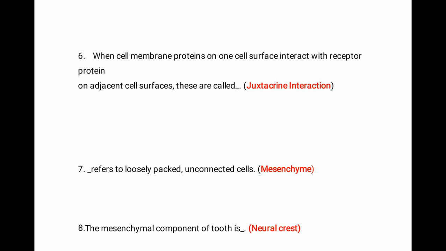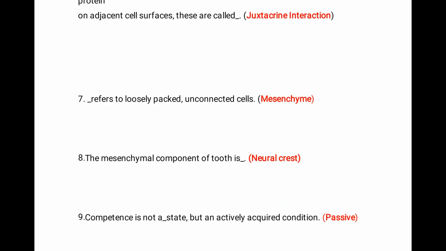When a cell's protein on the cell surface interacts with the receptor protein on an adjacent cell surface, this is called juxtacrine interaction. Seventh, the loosely packed unconnected cells are mesenchyme cells.